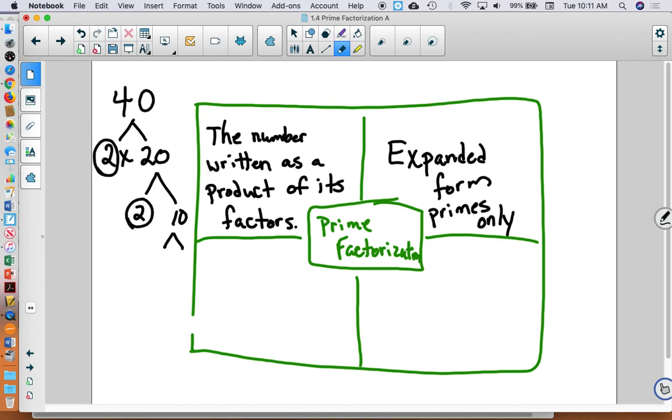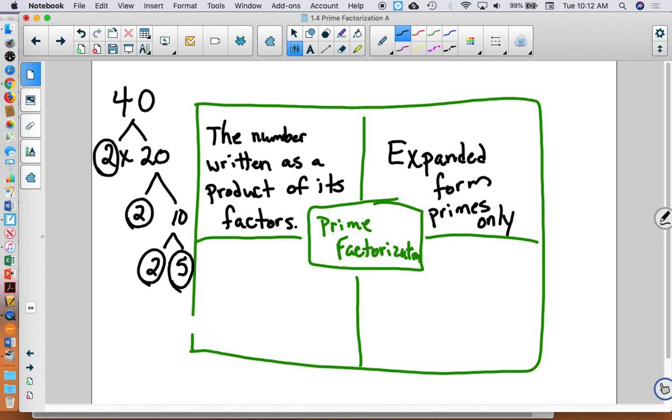Is 2 going to go into 10? Yes. 5 times. 2 times 5. Now, is the number 5 prime? Yes. Do I have a grouping of all the prime numbers that will go into 40? Yes. Okay?